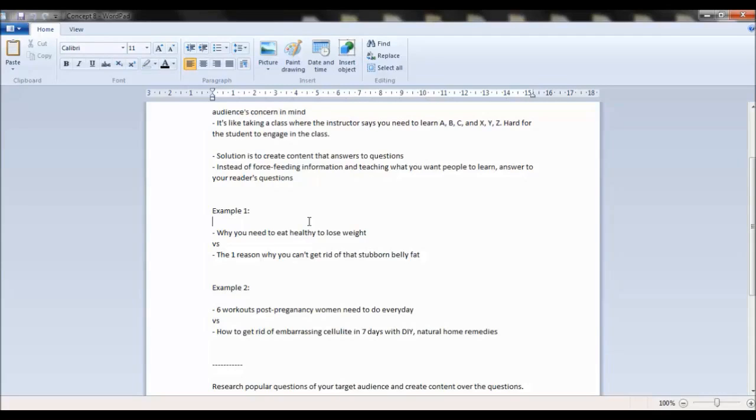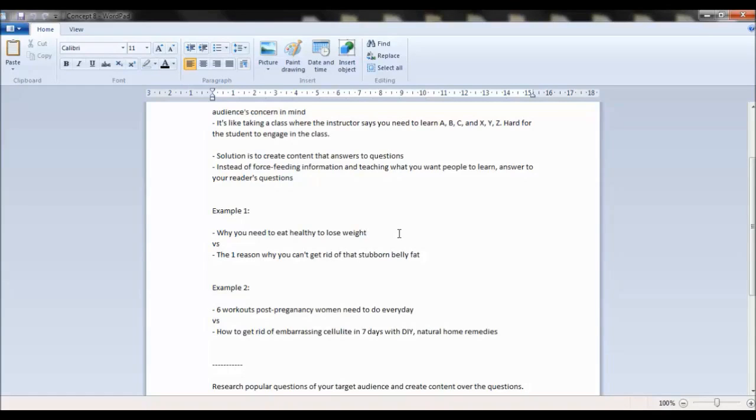First one: why you need to eat healthy to lose weight, versus the one reason why you can't get rid of that stubborn belly fat. Now, which one would you rather dive into and consume? Obviously, the second one, because why you need to eat healthy to lose weight is not appetizing at all in terms of an appealing piece of content to read.